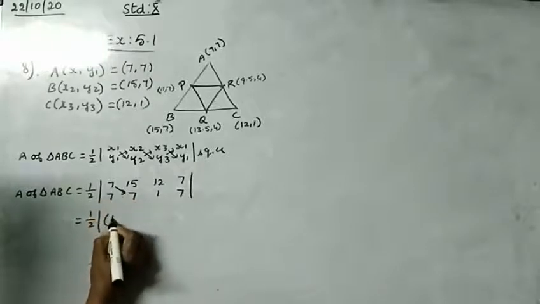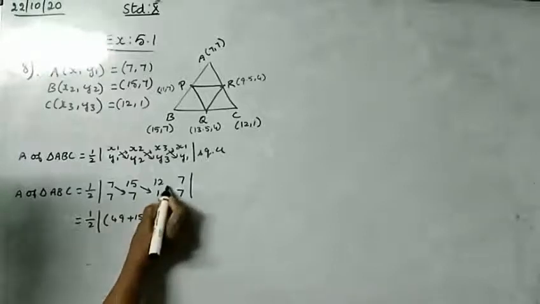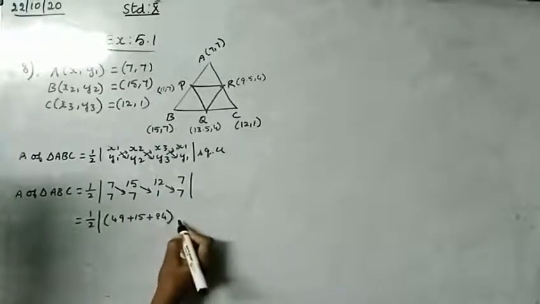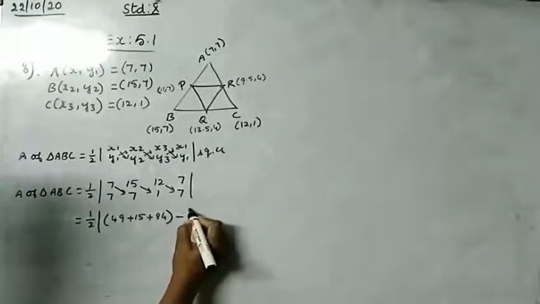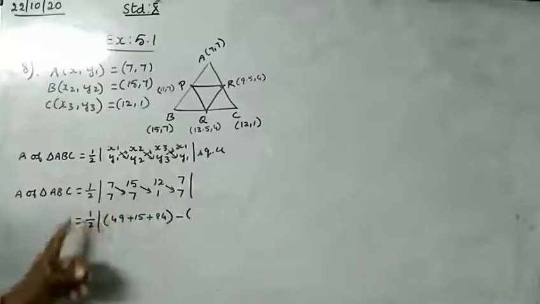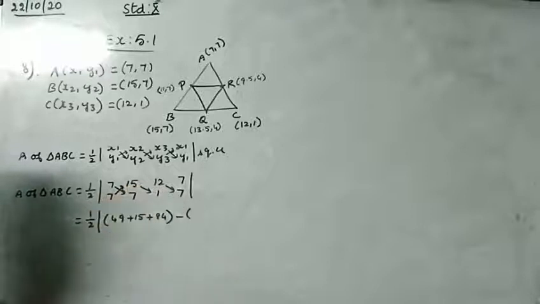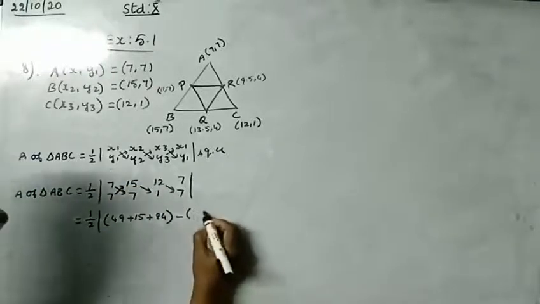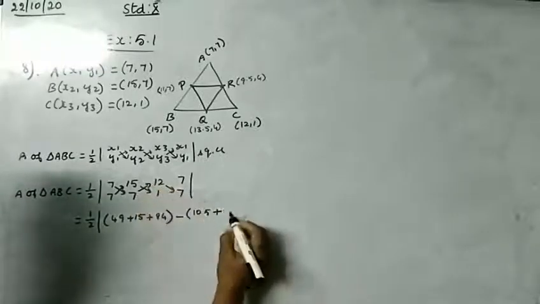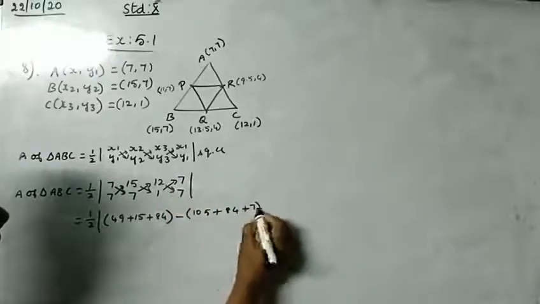So 7 sevens are 49, 15 into 1, 15, 12 sevens are 84. Bracket closed. Now take a minus sign, bracket open. Now it is raining, so take the umbrella. So 15 sevens are 105, plus 7 12s are 84, plus 1 7 is 7.